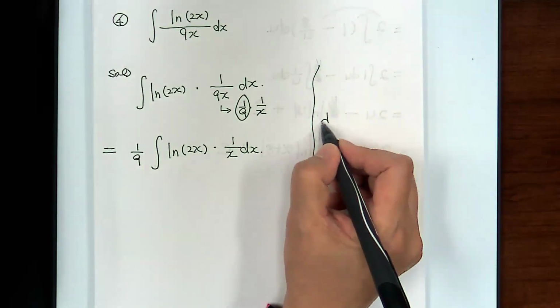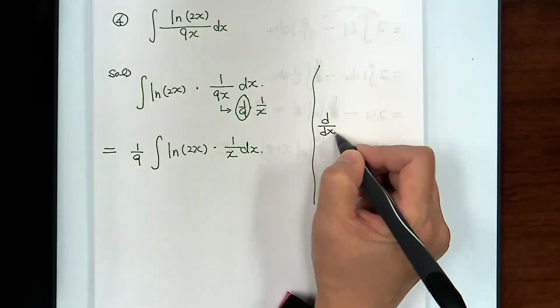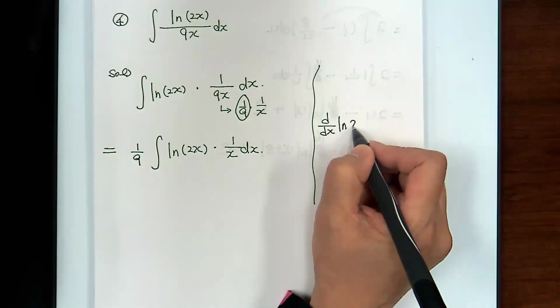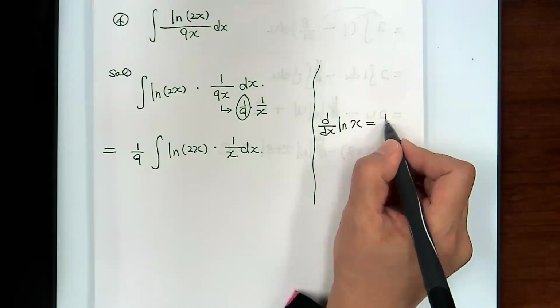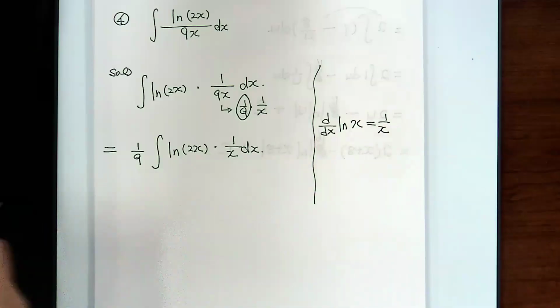What we know from the derivative formula of natural log of x is that if we differentiate natural log of x, then we have 1 over x.